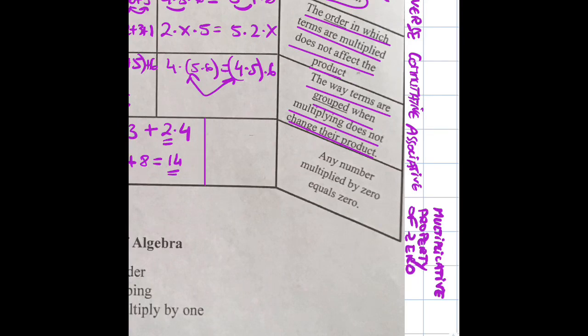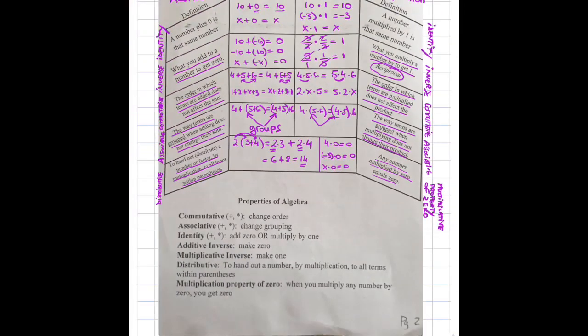Any number multiplied by 0 equals 0. Very straightforward. So if I get 4 times 0, that will give me 0. Let's take a negative. Negative 3 times 0 also gives me 0. X times 0 gives me 0. Any number multiplied by 0 equals 0.